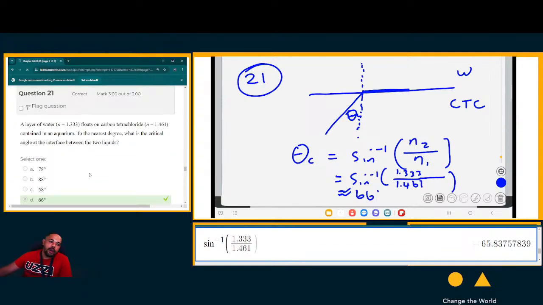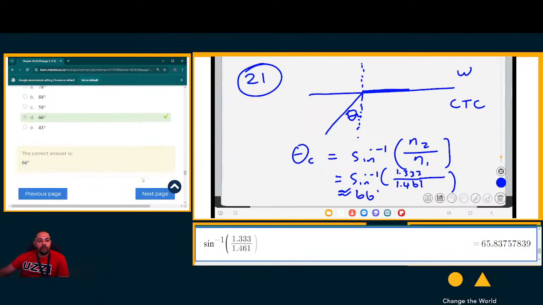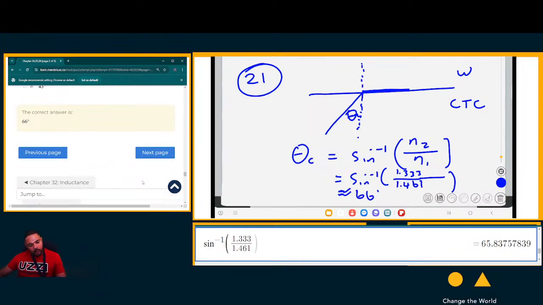We can check, and yes, it is correct. Moving on to question number 22. Then 23 will be the last one, and then we're done for today.